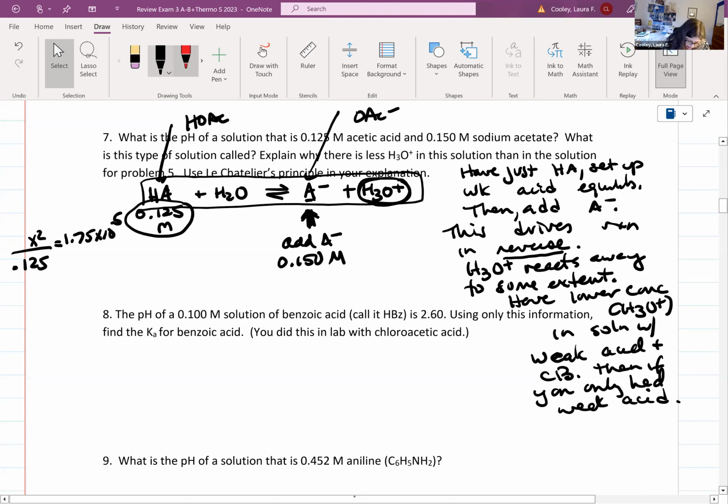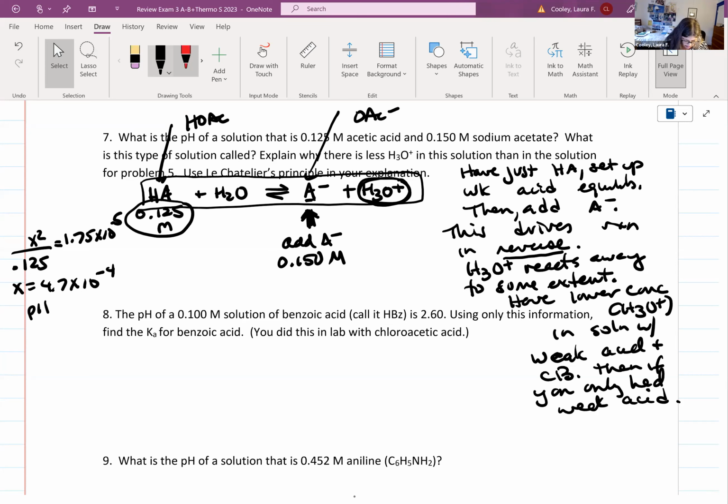Let's see what it would be just for grins. 1.75 times 10 to the negative 5 times 0.125, square root, is 4.7 times 10 to the minus fourth. The negative log of that is a pH of 3.33.